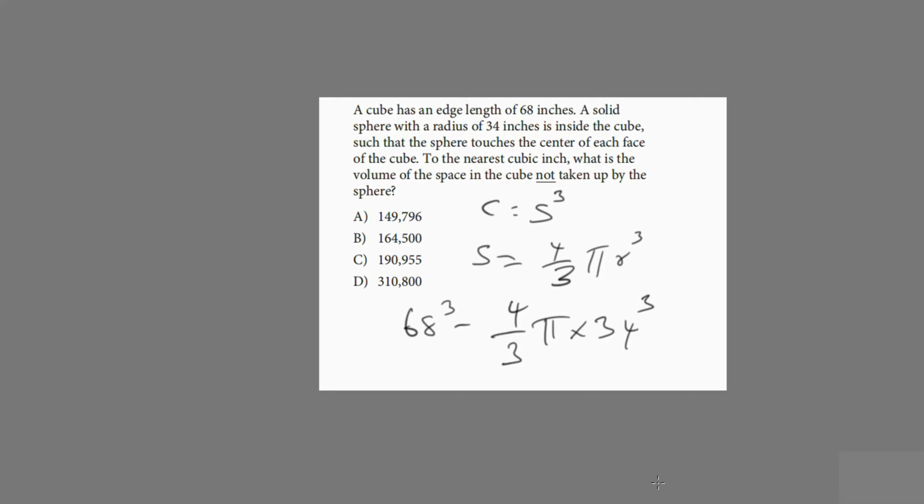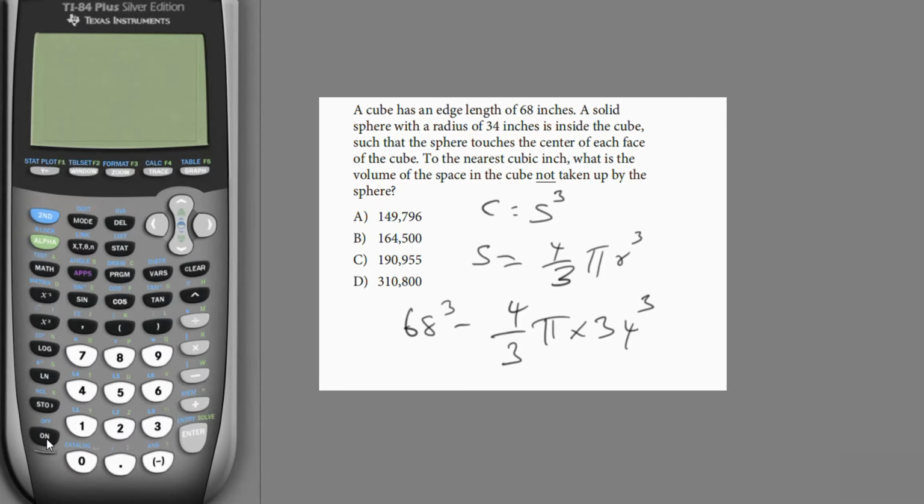Let's punch this into a calculator to get it. So we have 68 cubed, make use of this function to put the cube, it comes down, then we have minus. Now for a fraction, go to this math, go to number, scroll up, this is the fraction I'm looking for, then we have 4/3.